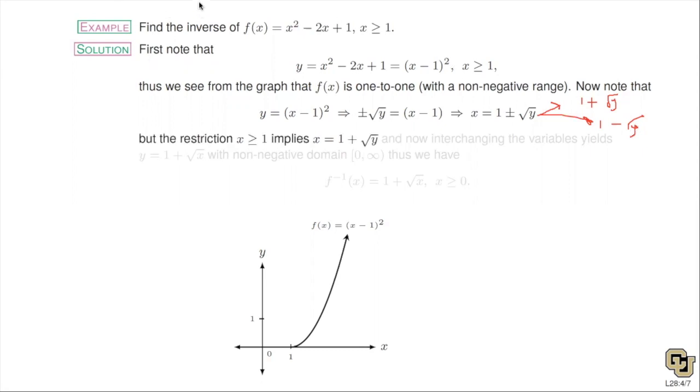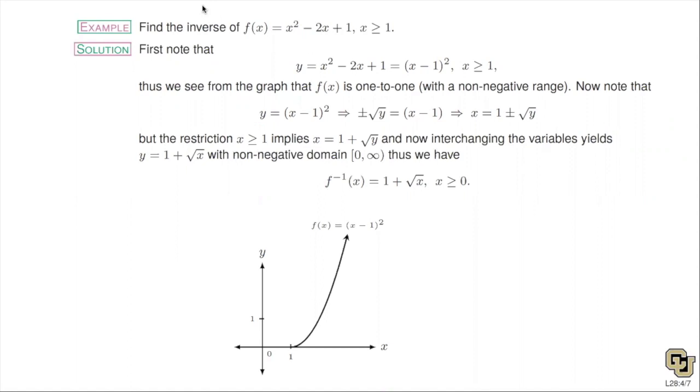The domain restriction says x has to always be greater than or equal to 1. Here, 1 minus root y is going to be less than or equal to 1 because you're subtracting root y. 1 plus root y is going to be greater than or equal to 1. So that's the answer we keep. This is part of the reason I wanted to do this example: there are two answers, so which one do we choose?